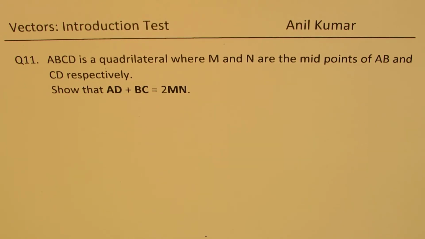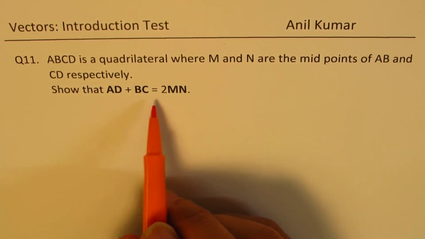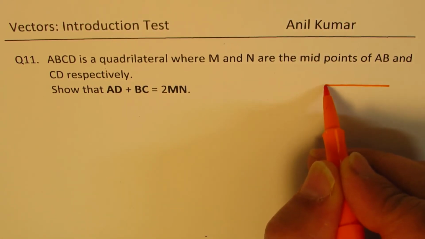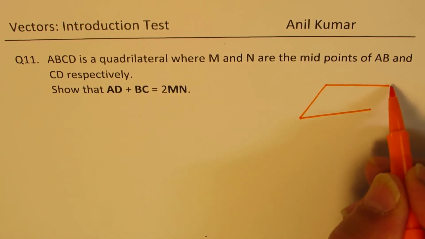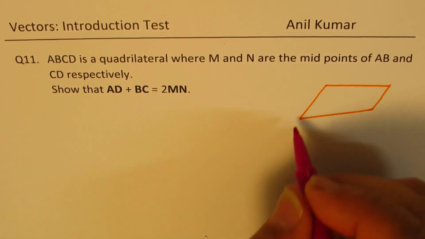ABCD is a quadrilateral where M and N are midpoints of AB and CD respectively. Show that AD plus BC is 2MN. So let's make one, so that is a quadrilateral. Any four sides being joined, convex polygon.